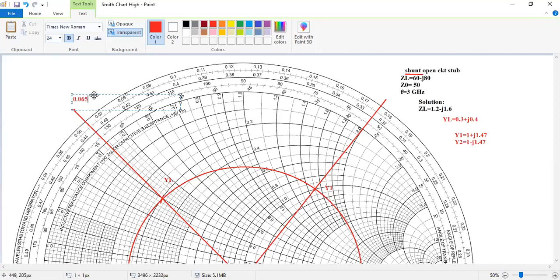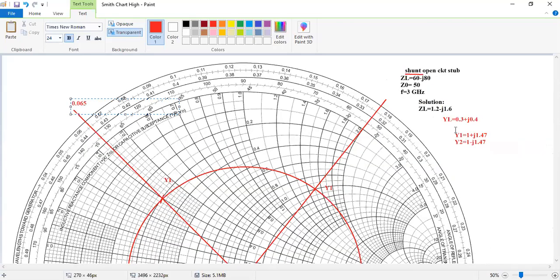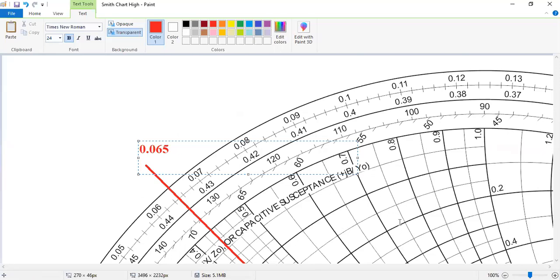Am I right? 0.062, 0.064, and this is 0.066. So it is in between, so that is 0.065. If you do it accurately, you will get it this way only. Okay, so this is what you got, this is YL. Now we will go for the y1. So this value, we will just do it.